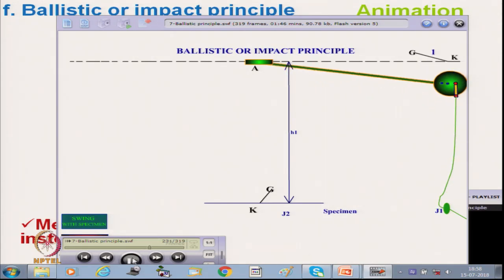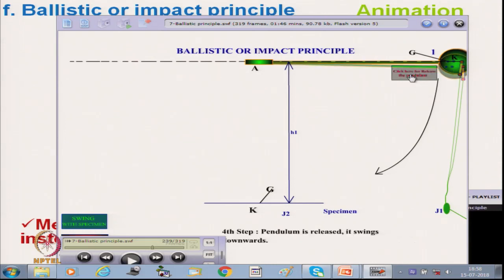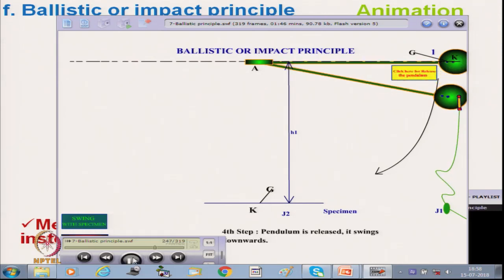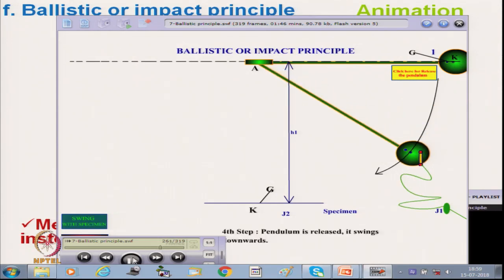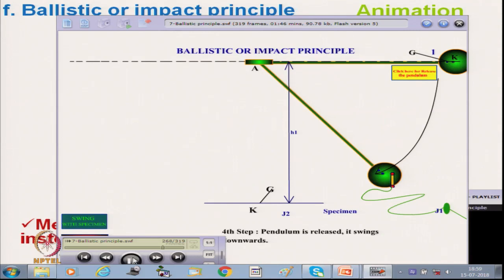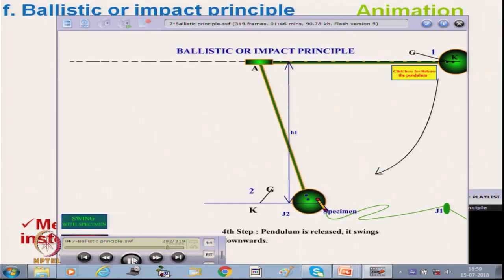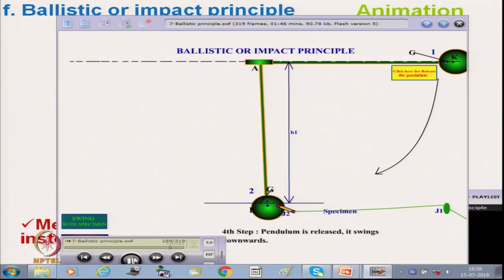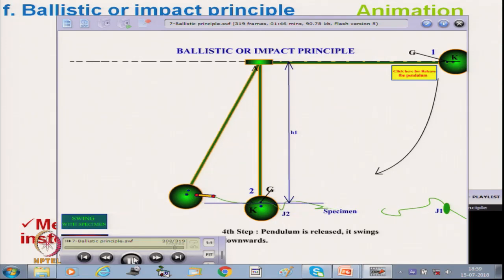Now again the pendulum is lifted here, and now we have to release the pendulum. The pendulum is being released here, and the pendulum is moving along with the yarn, which is fixed at one fixed jaw, and now the yarn is getting extended.